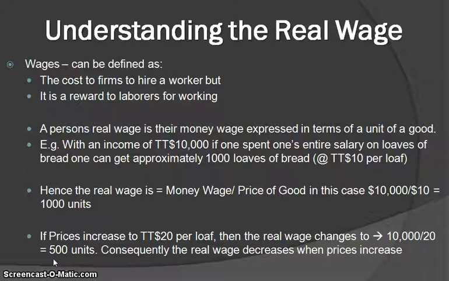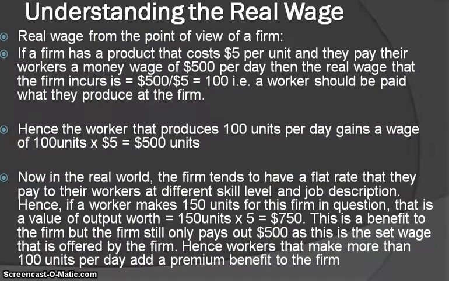As a result, we realize that the person's real wage has decreased when the price of the product increased. So that's looking at the real wage from the point of view of the consumer.